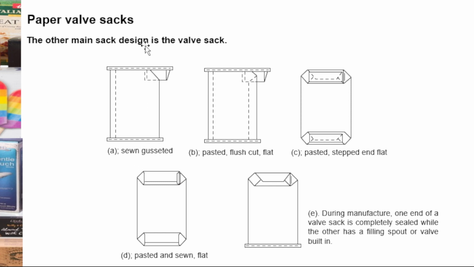Number A is sewn gusseted, B is pasted flush cut flat, C is stepped end flat, D is pasted, and E is sewn. During manufacture, one end of the valve sack is completely sealed, while the other has a filling spout or valve built in.